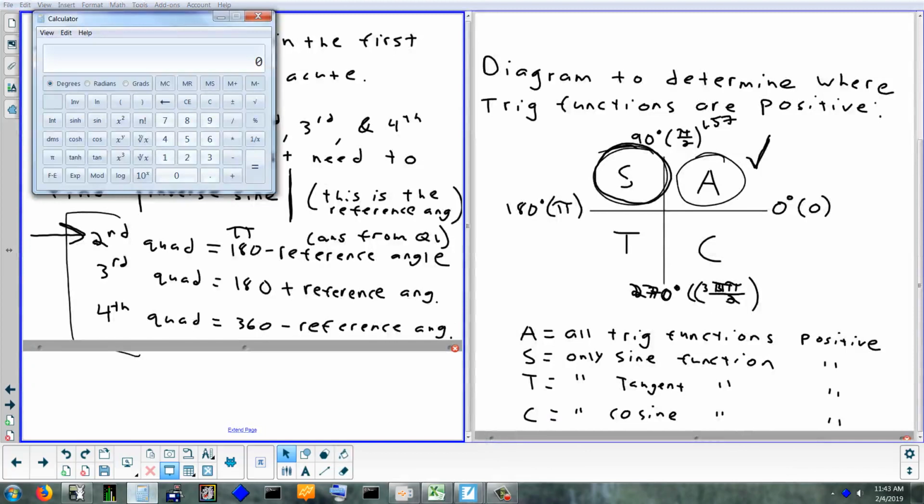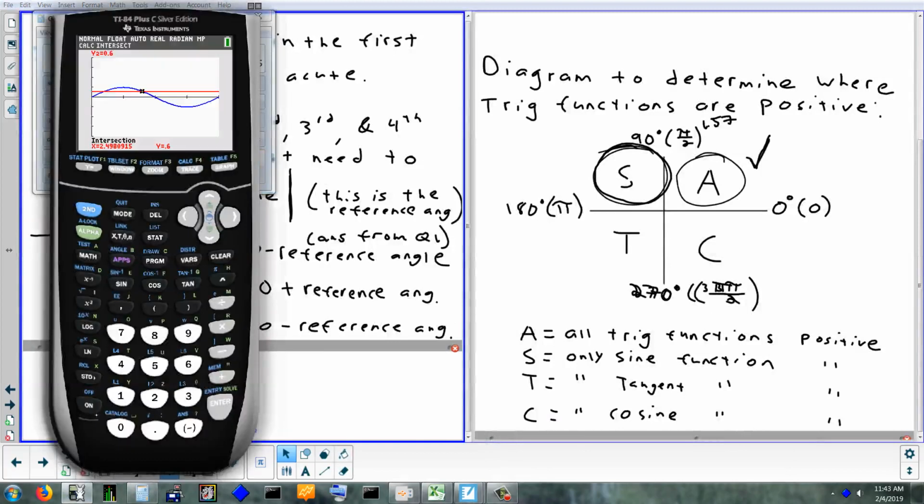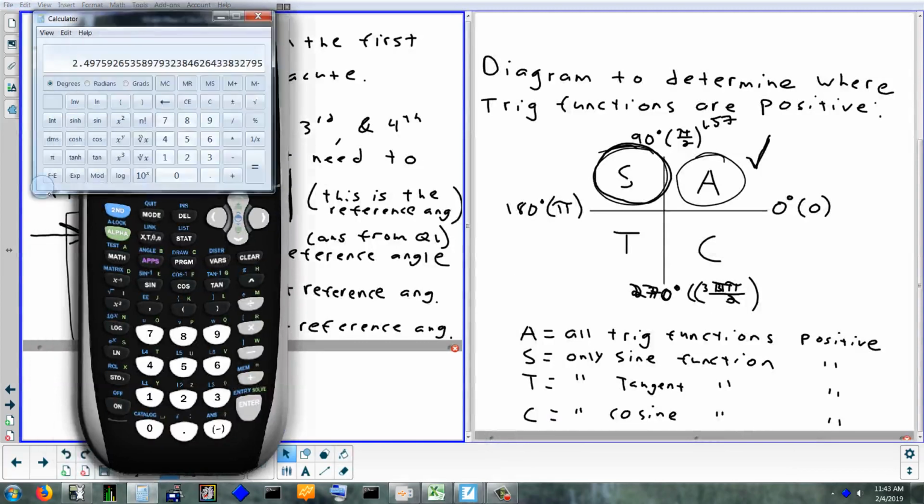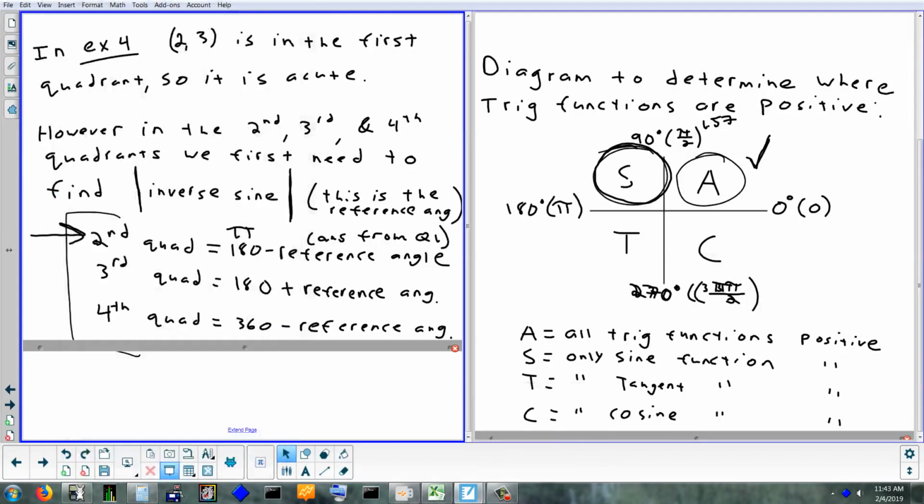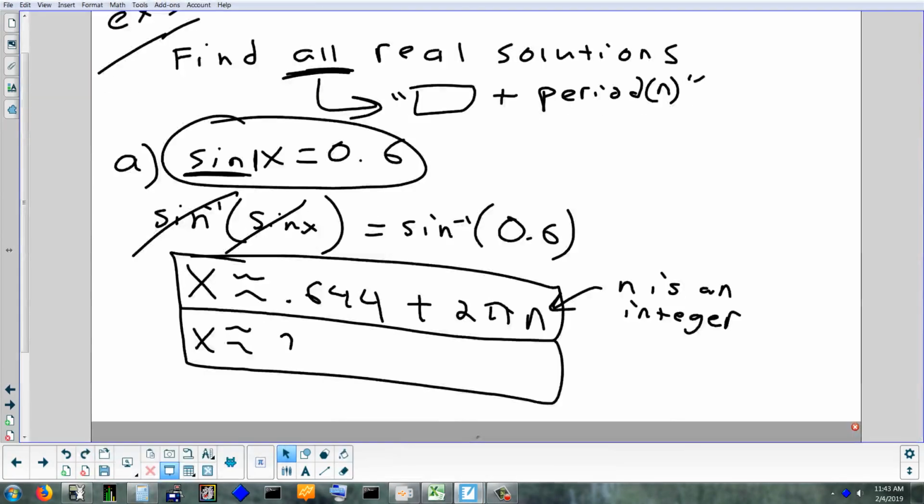See what happens. Pi minus 0.644 is 2.497. And turn this back on, 2.498. It's the same thing. It's just rounding. And actually, if I round that properly, it's 2.498. And that is your other answer.